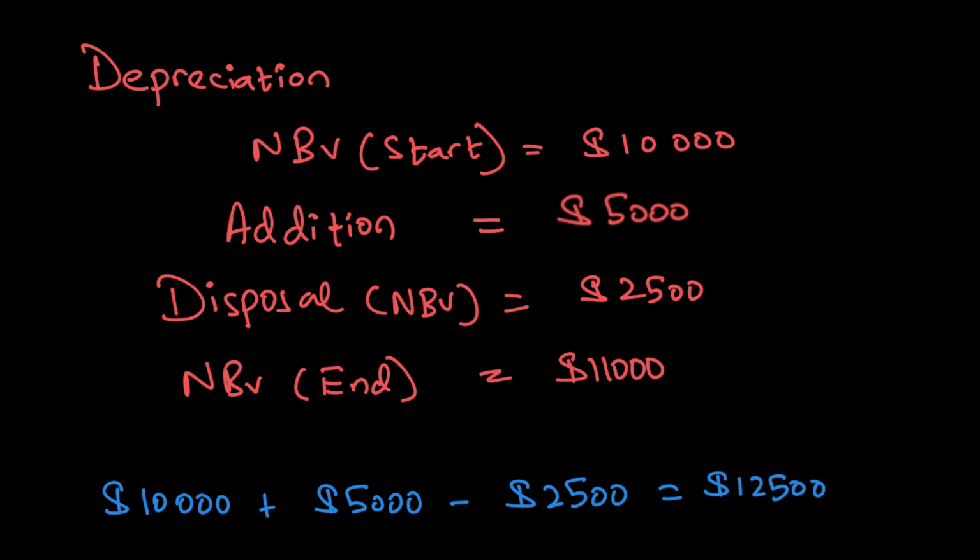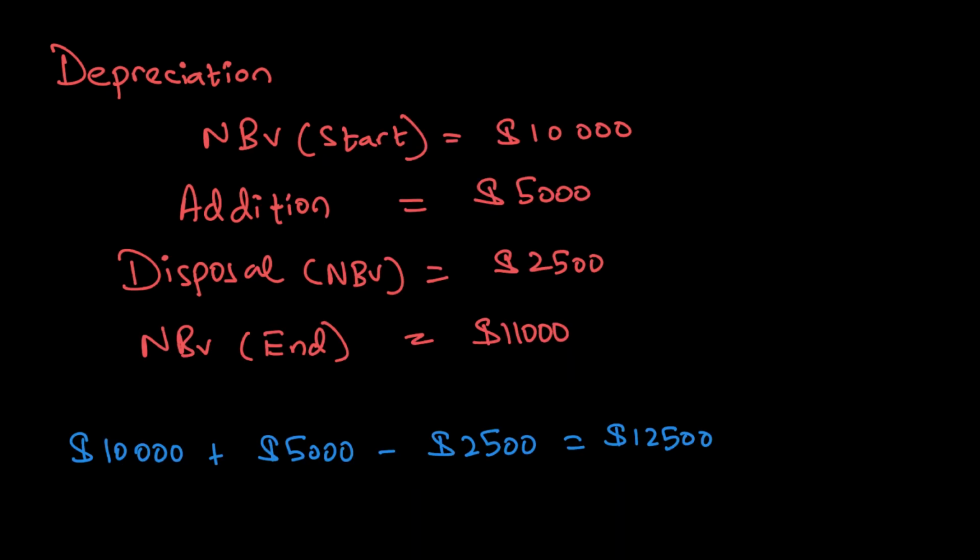Now at the end of the year, your non-current assets are worth 11,000. So I can say from 12,500, our non-current assets have decreased to 11,000. So that's the depreciation, or a loss in your non-current assets, worth $1,500. So we have used this equation to calculate depreciation.